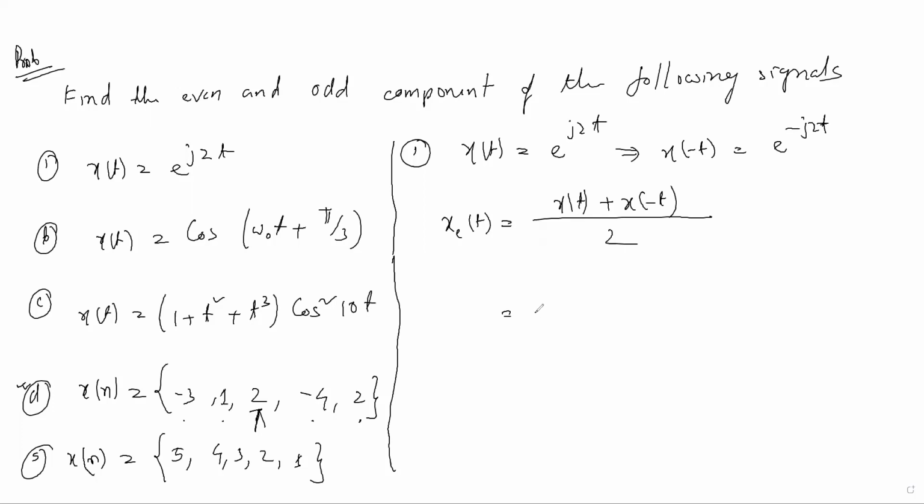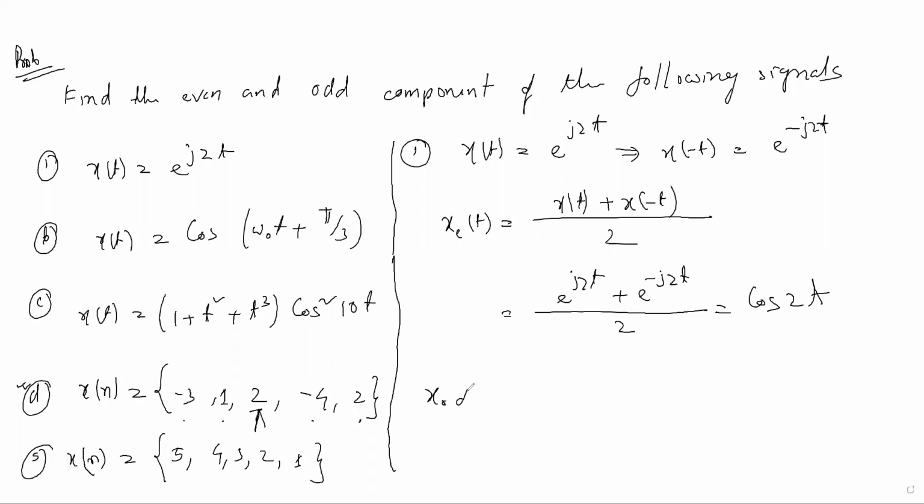So x e of t will be e to the power j twice t plus e to the power minus j twice t by 2. Do you know what this is? It is the same as cos twice t, because cos twice t equals e to the power j twice t plus e to the power minus j twice t by 2. So this comes as cos twice t.